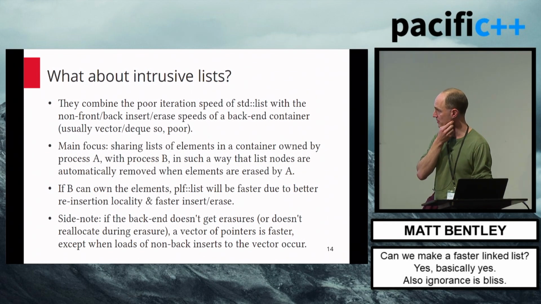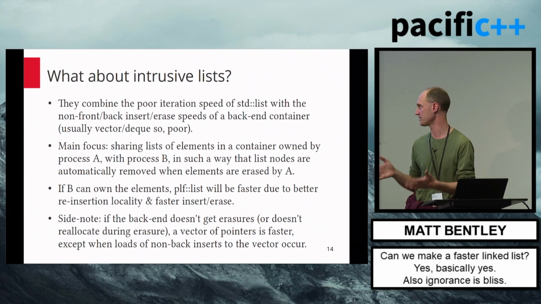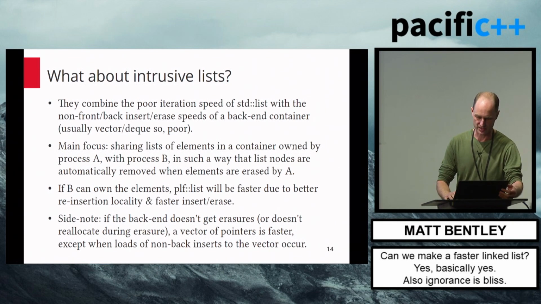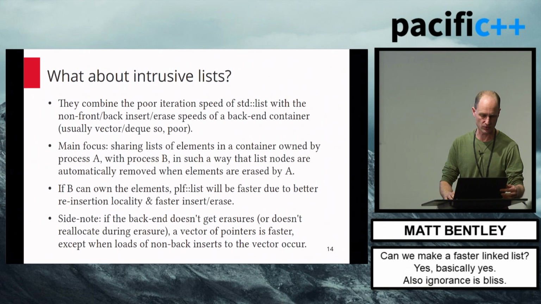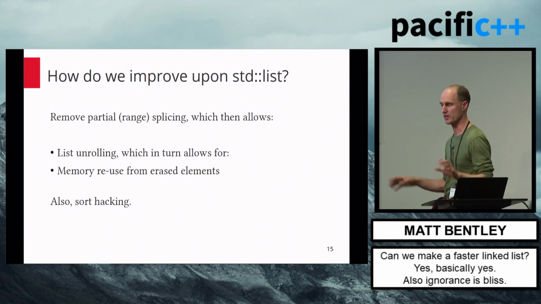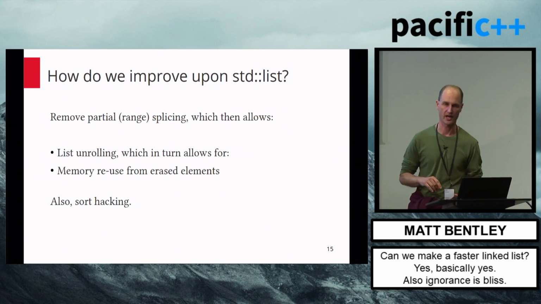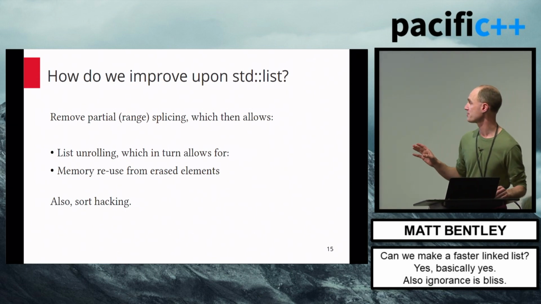I've talked to some people who have gone from intrusive lists to vectors of pointers in certain scenarios, and they get a speed up of about 2 times, at least in their case. Obviously, there are lots of edge cases and different scenarios, so by no means one size fits all. Anyway, that's just to establish that we can't replace standard lists with an intrusive list without some significant performance costs. So how do we improve upon the standard list?